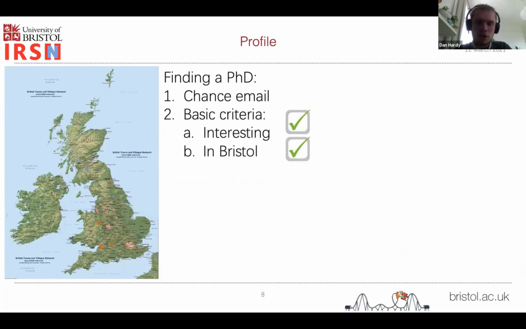I wasn't really having a lot of luck with the job search, so I looked into this, and I had pretty basic criteria. I just wanted to do something that was interesting, and every stage of this application process I found a bit more interesting, and I really wanted to stay in Bristol, and this was offered in Bristol, though it's funded externally.